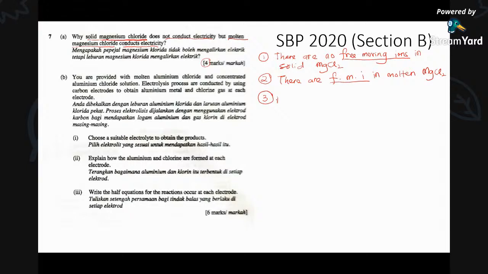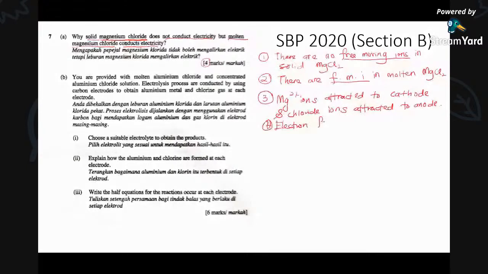Mg2+ ions attracted to the cathode and chloride ions attracted to the anode, and electron flows from the anode.